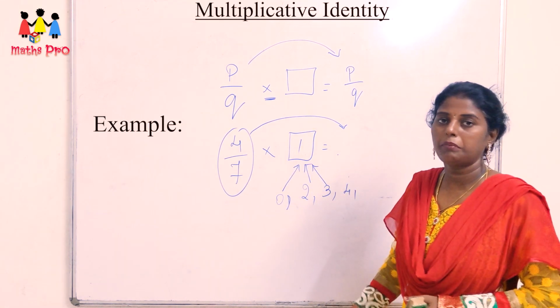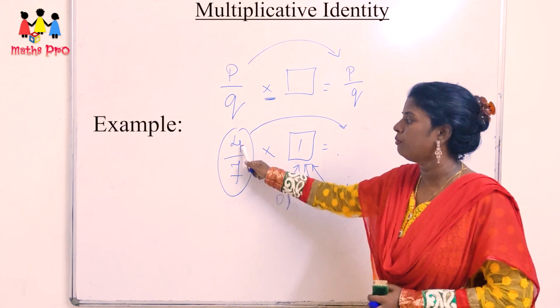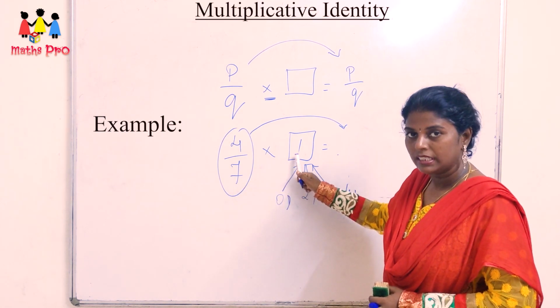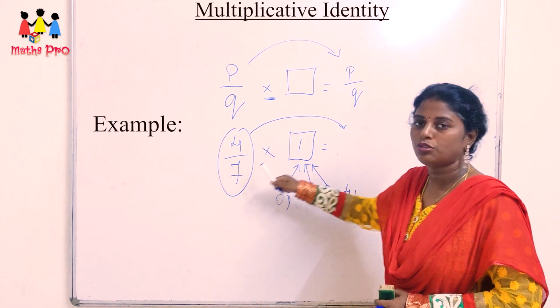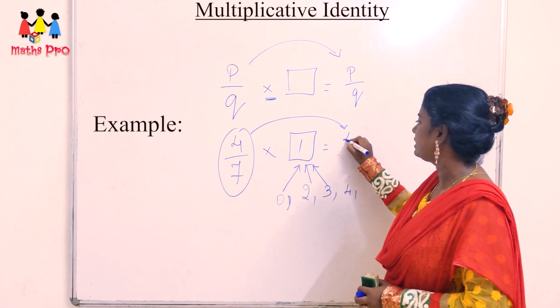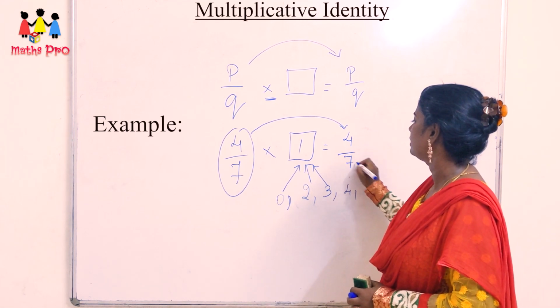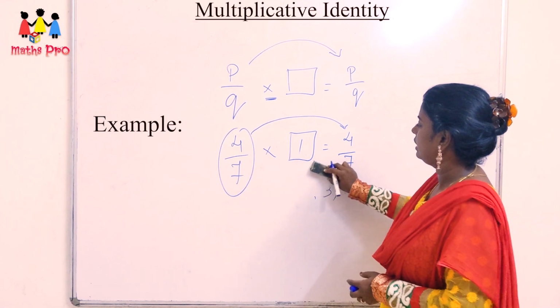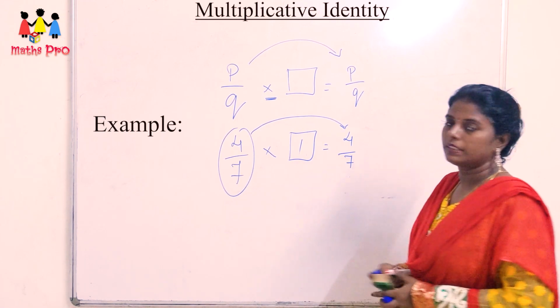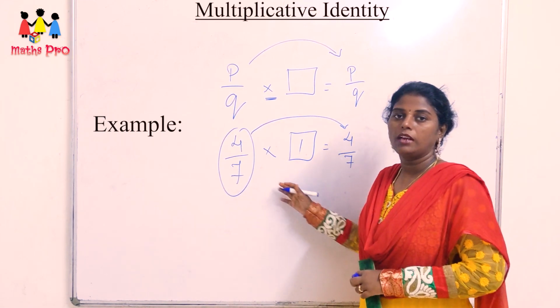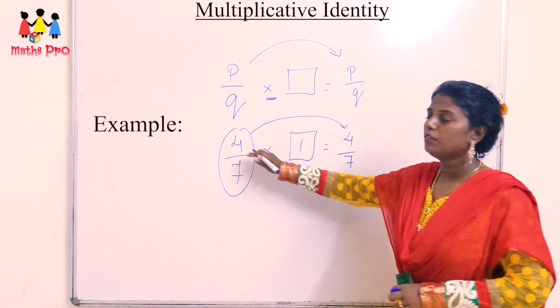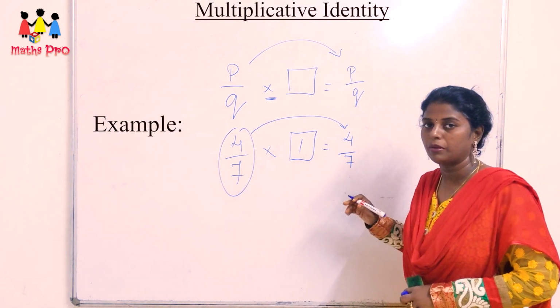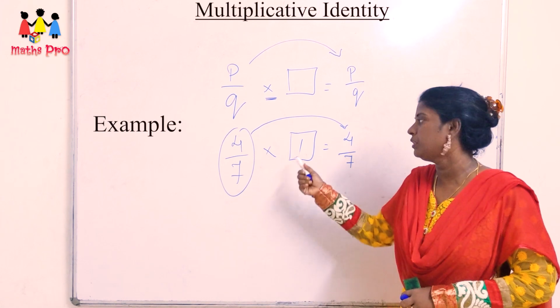If I multiply 4 by 7 with 1, then the product of these two terms is 4 by 7. So except 1, if I substitute other values, I won't get the original rational number 4 by 7. That number is 1.